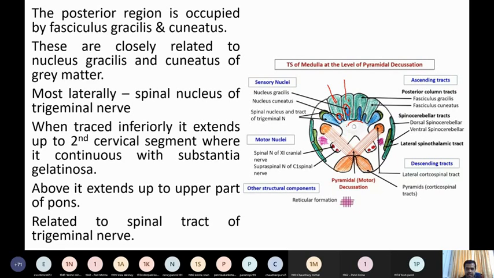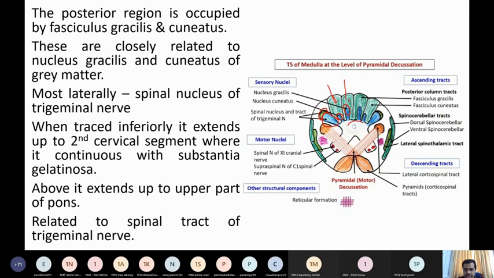Most laterally, here we find one more nucleus, which I had already mentioned, the spinal nucleus of the trigeminal nerve. Related to it there is a tract known as the spinal tract of the trigeminal nerve. Clear?